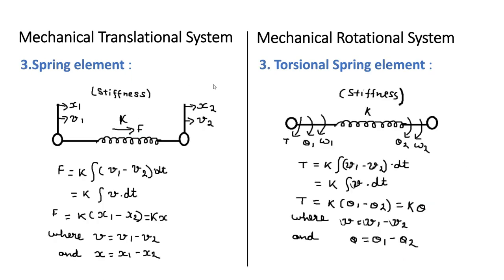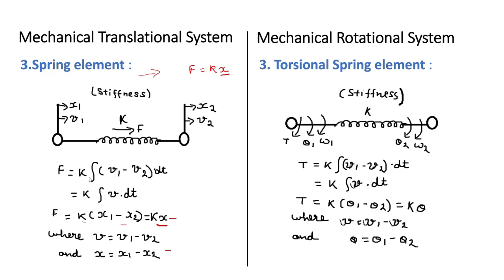Okay, then the third element is the spring element. So we all know that force acting is equal to kx, where x is displacement. Therefore, F is equal to k x1 minus x2, or F is equal to kx, where x is x1 minus x2.